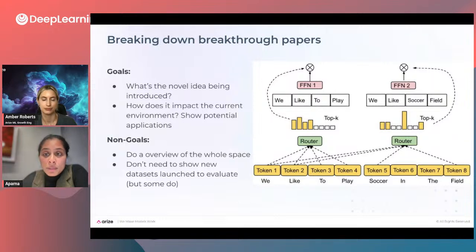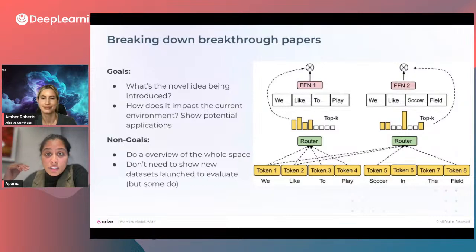In these papers, if there's a term you don't know, or it relies on some previous breakthrough paper, it's not going to give you a whole deep dive or overview. Today we'll go through the Mixture of Experts paper, and you'll see that they just link out to other papers.